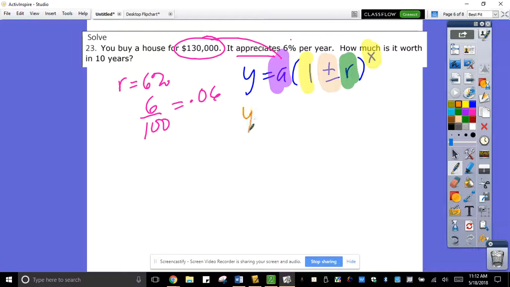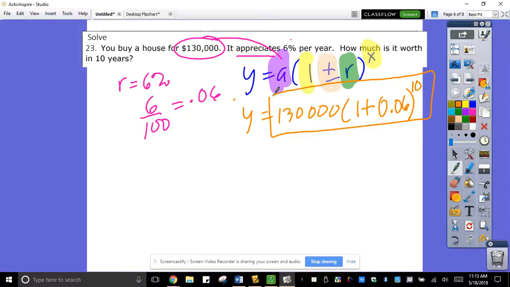So therefore, Y is equal to 130,000, 1, appreciate, so it's going to be plus, the rate is 0.06, to the 10th power. And you should be able to put that one in a calculator, which I don't have over here right now. So figure it out on your own, okay? But this is the item that you need to put in the calculator to get the value.